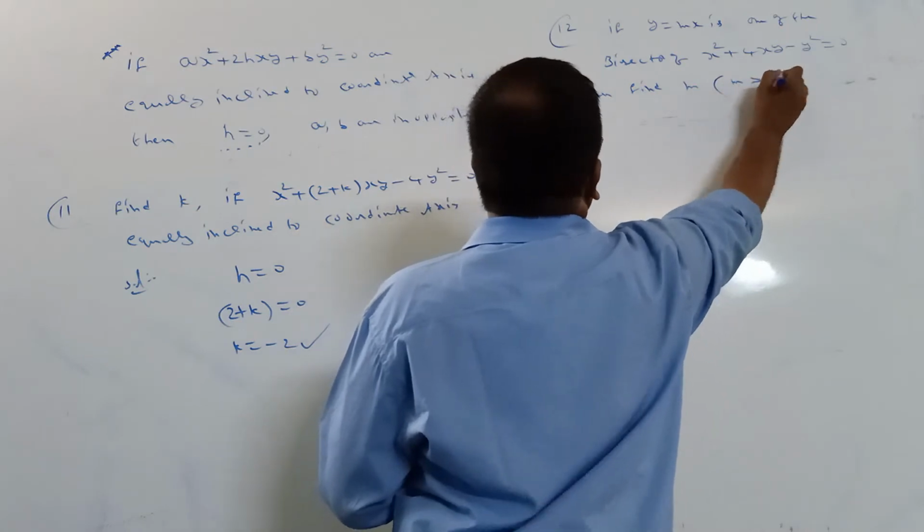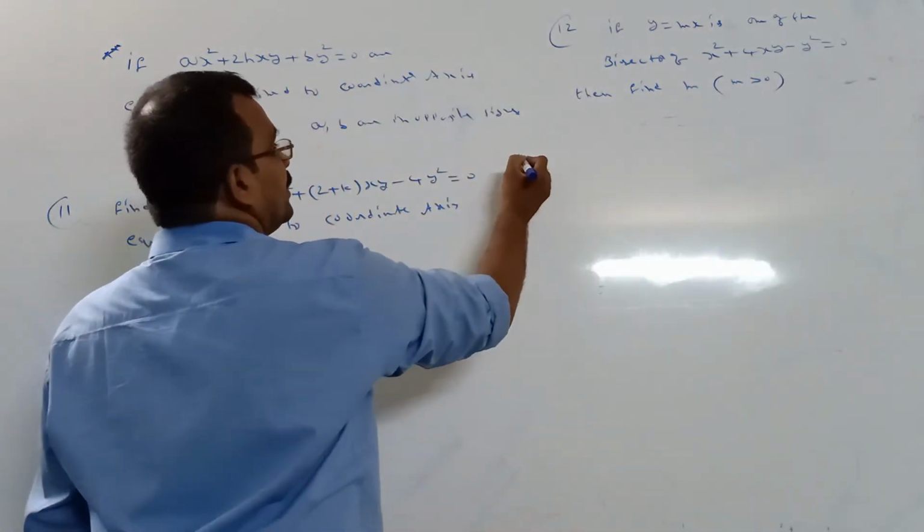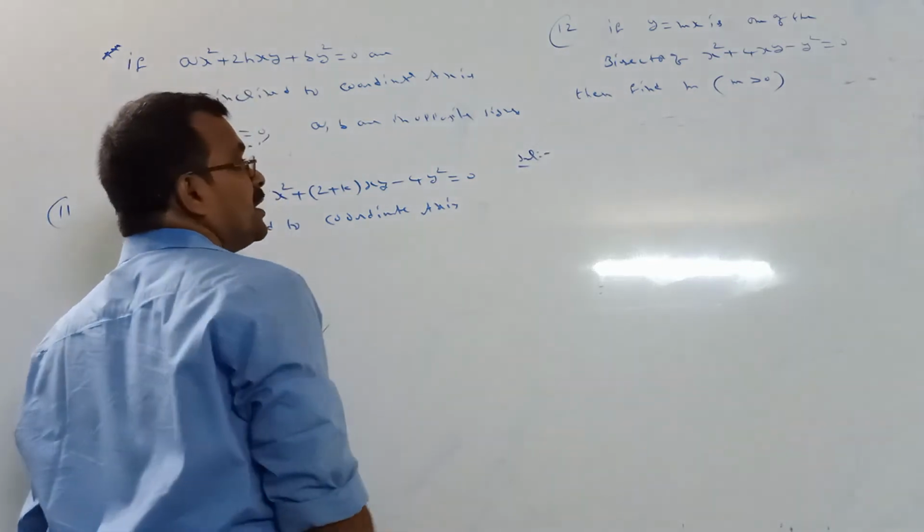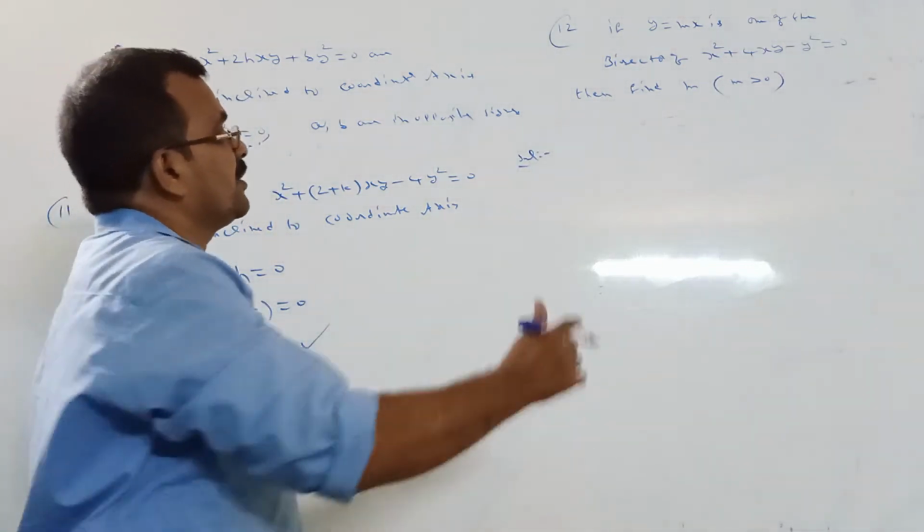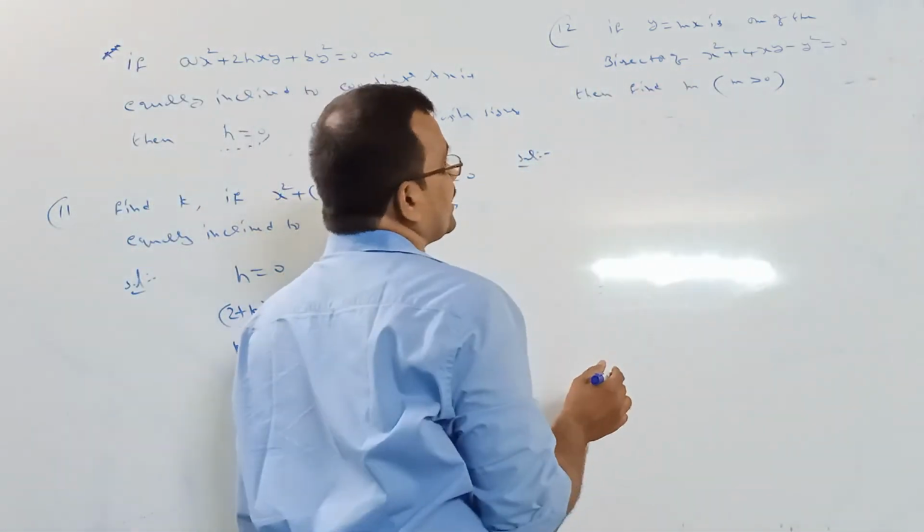Here m must be greater than 0. So they are asking: y equal to mx is one of the bisectors.